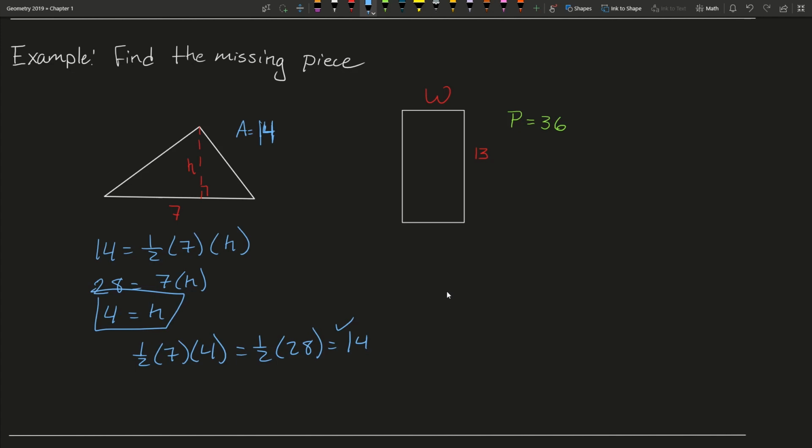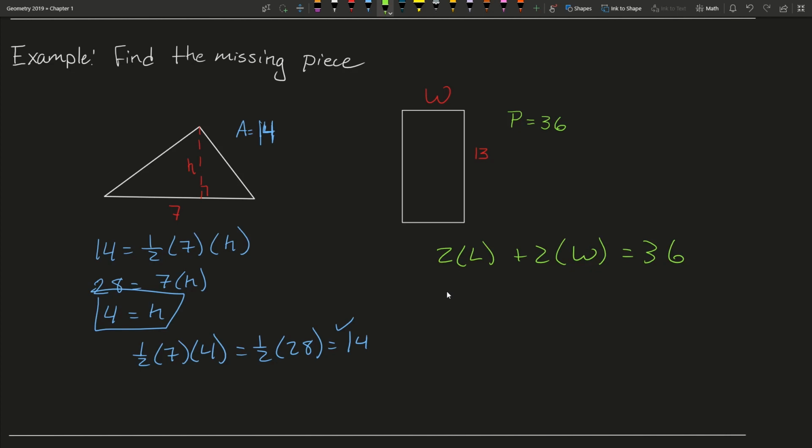On the figure on the left, we're given that the perimeter is 36 and the length is 13, and we need to find the width. So we recall that perimeter is 2 times the length plus 2 times the width, and that should equal 36.